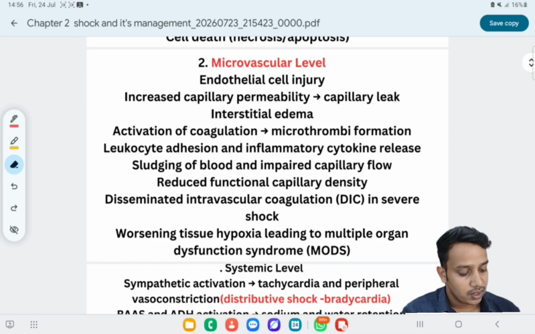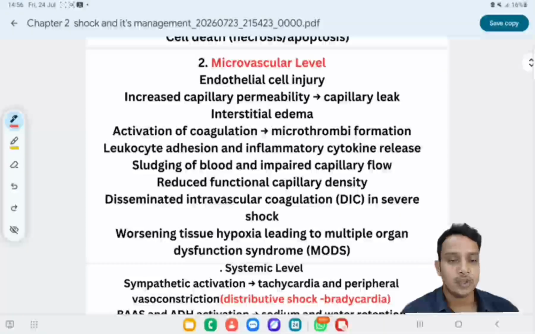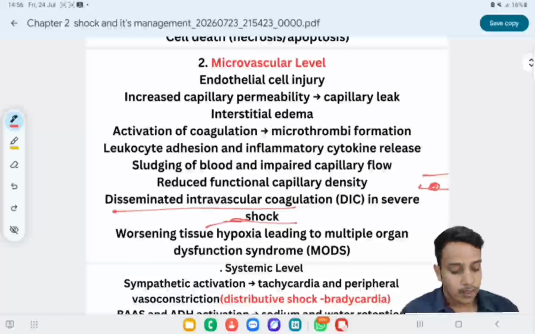So whenever there is an activation of coagulation cascade and also sludging of the blood and decreased perfusion because of microvascular thrombi, this will happen in the entire circulation, and this leads to formation of disseminated intravascular coagulation in severe shock, and if it happens at multiple levels, this leads to worsening of tissue hypoxia and multiple organ failure syndrome. So this happens at the microvascular level.